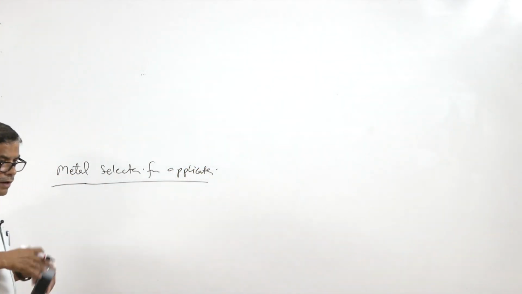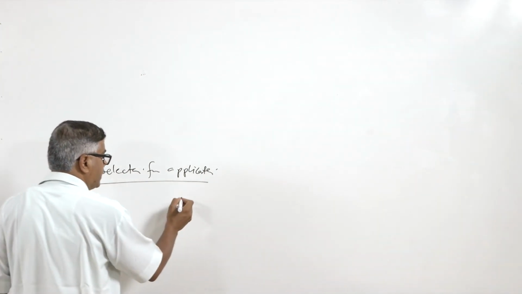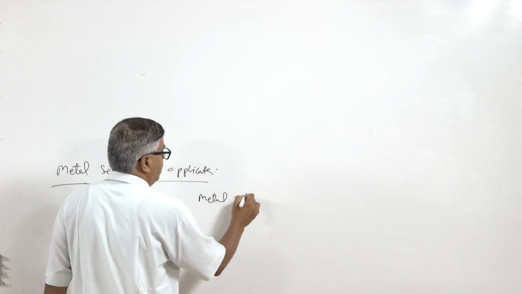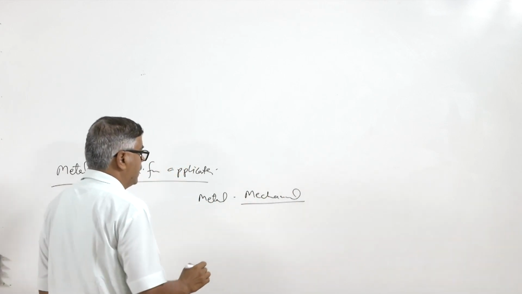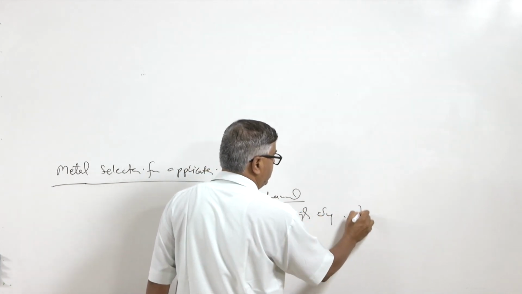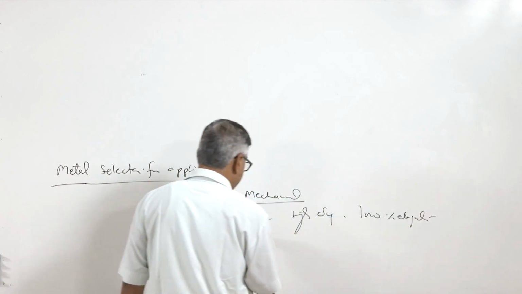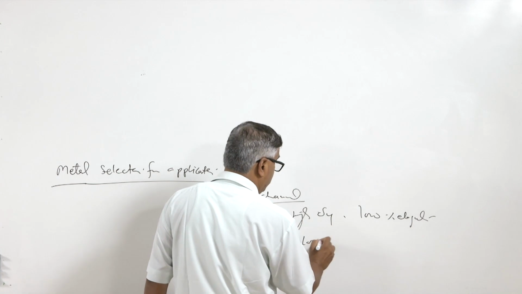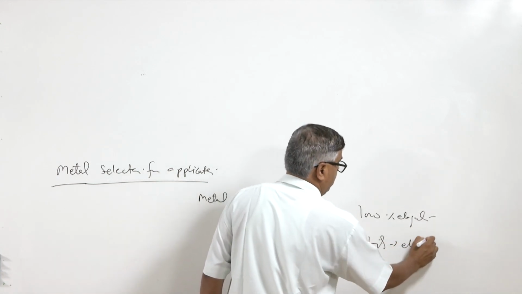So, on what basis should the material be selected for the given application? We know that each metal will have certain mechanical and physical properties, like say metal A may have a high sigma y value and a low percentage elongation, and metal B may have a very low sigma y value, but a high percentage elongation.